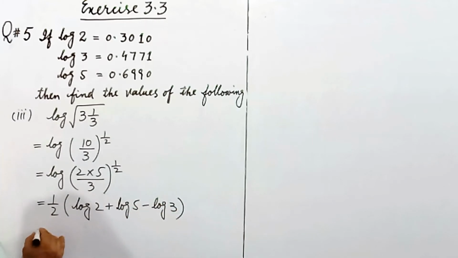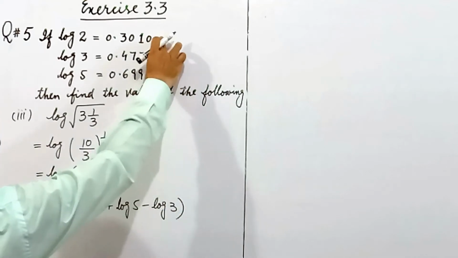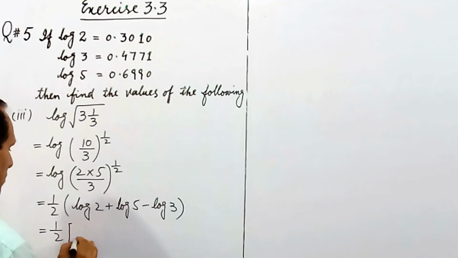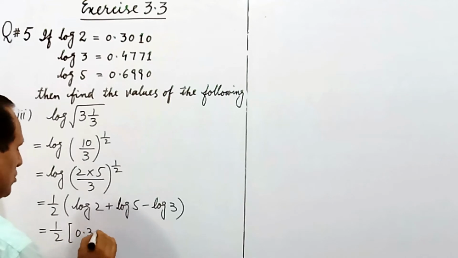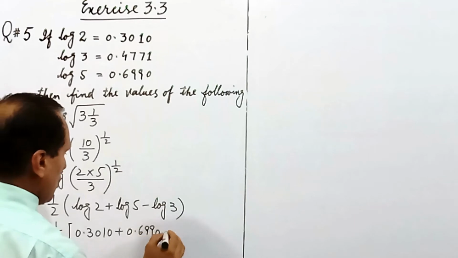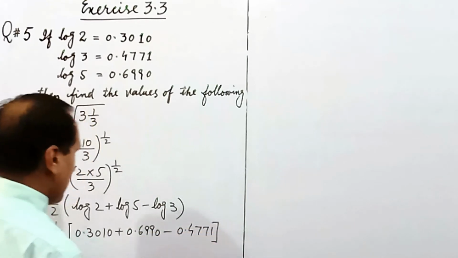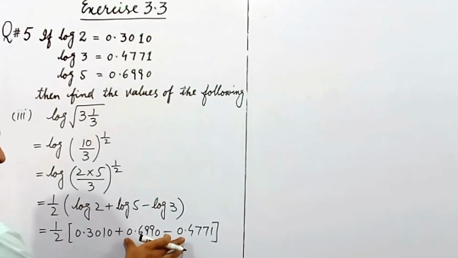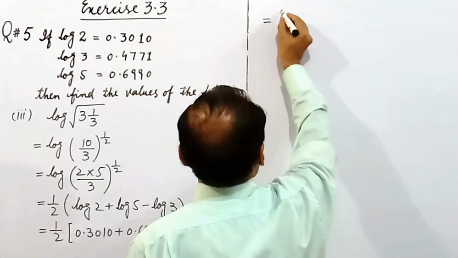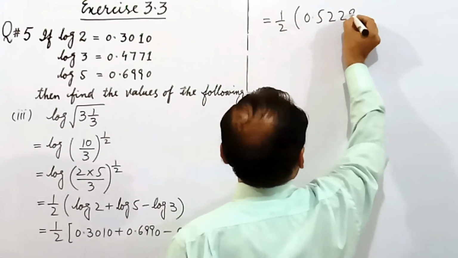Now we substitute the values of log 2, log 5 and log 3 which are given to us. 0.3010 plus 0.6990 minus 0.4771. Using the calculator we find the result of these values, and we have 1/2 into 0.5229.